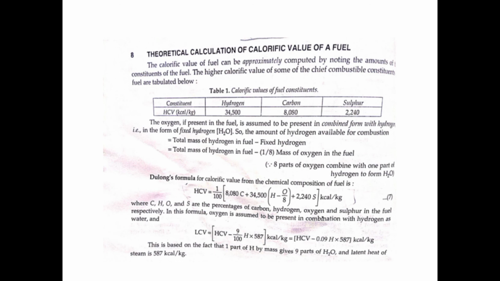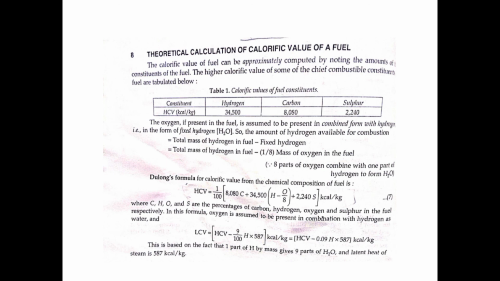The higher calorific values of some of the common constituent fuels are tabulated below. 1% of hydrogen gives 34,500 kilocalorie per kilogram HCV. 1% of carbon gives 8,080 kilocalorie per kilogram. 1% of sulfur gives 2,240 kilocalorie per kilogram.